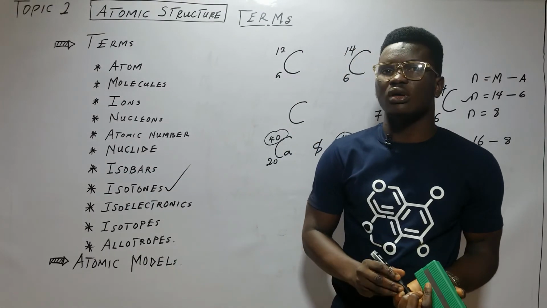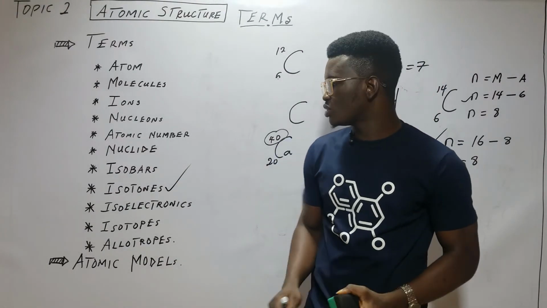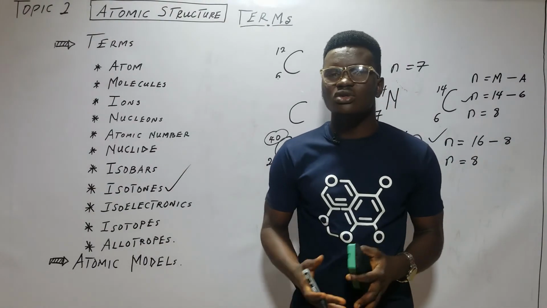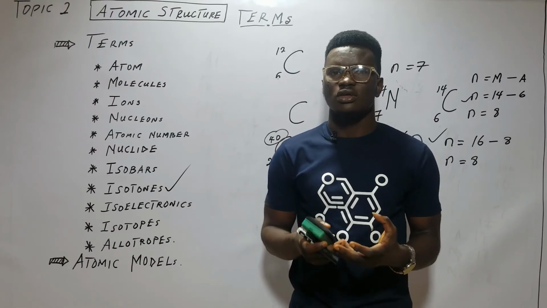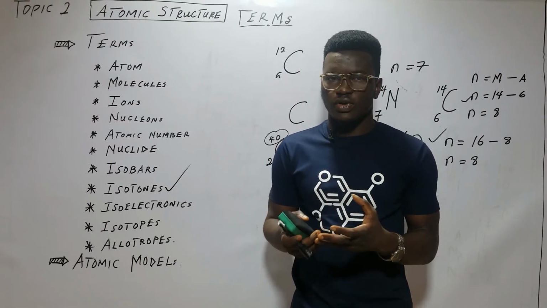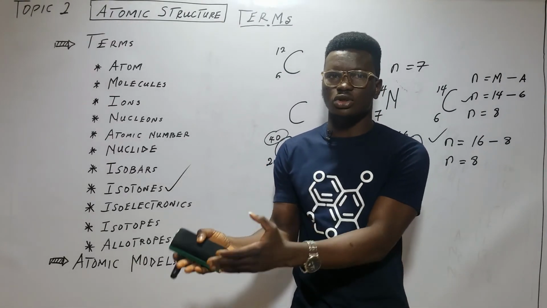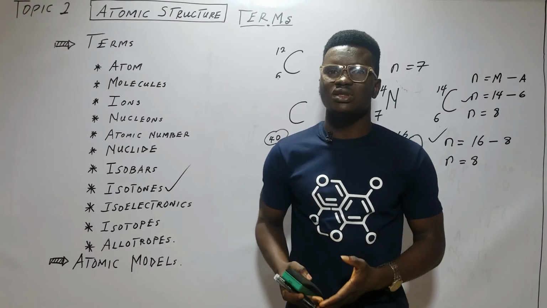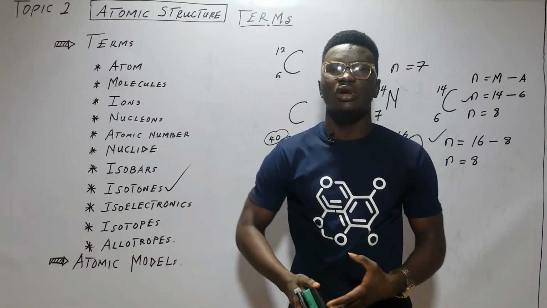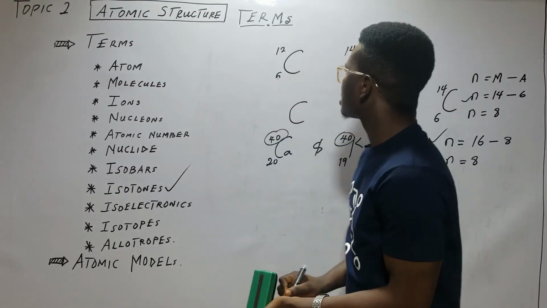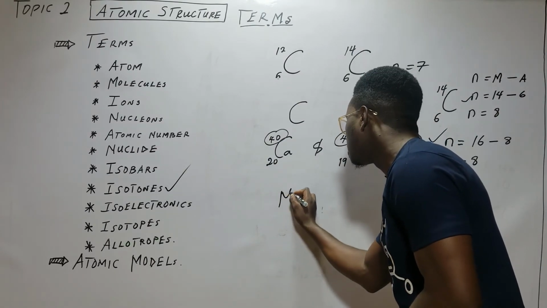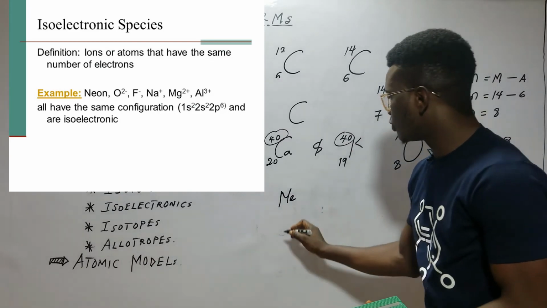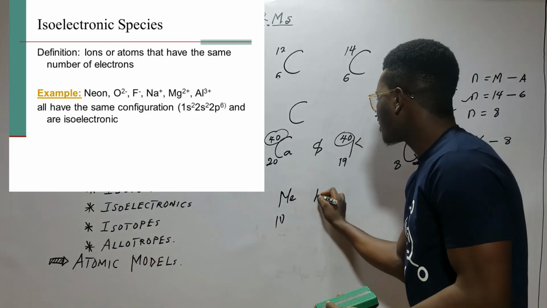Now, when you talk about isoelectronics, isoelectronics are ions or atoms with the same number of electrons; I said iso means the same. So they can have the same electronic configuration and exhibit the same number of electrons. For example, neon has 10 electrons.